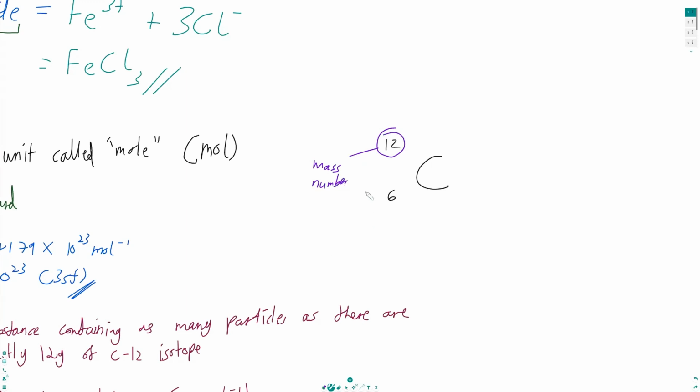So that's 12 grams because the mass number is 12. So in 12 grams of carbon-12, that is exactly 1 mole. So technically the mass number is the mass of 1 mole.